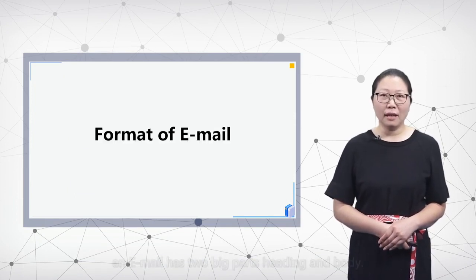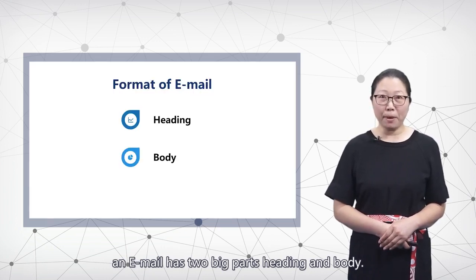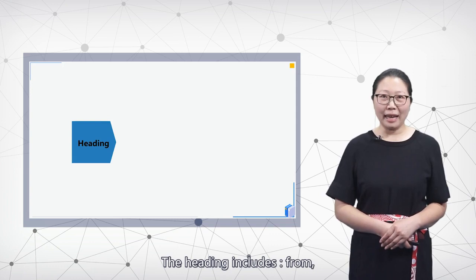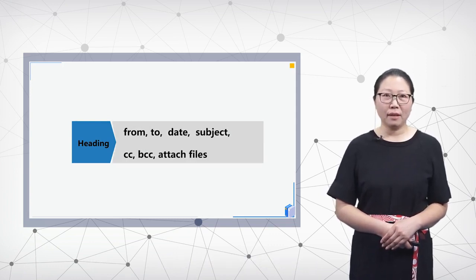In general, an email has two big parts, heading and body. The heading includes from, to, date, subject, CC, BCC, attached files, and so on.